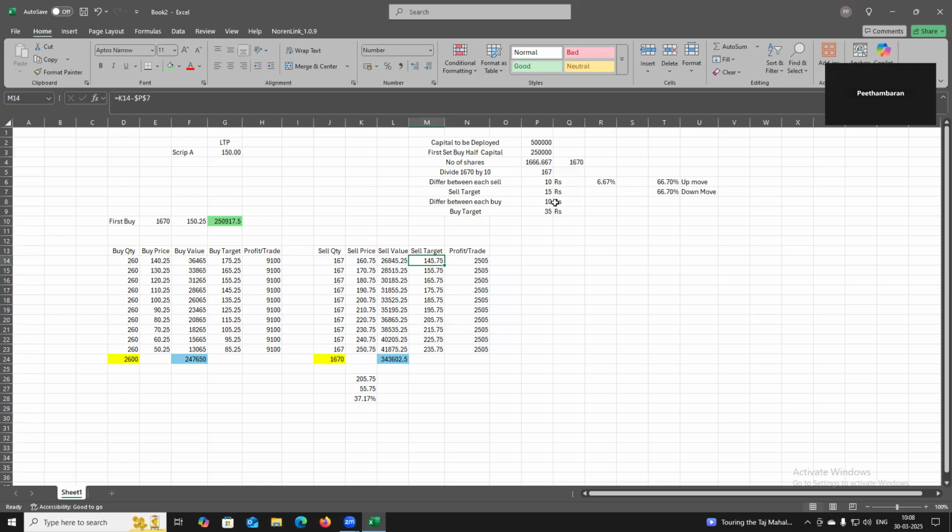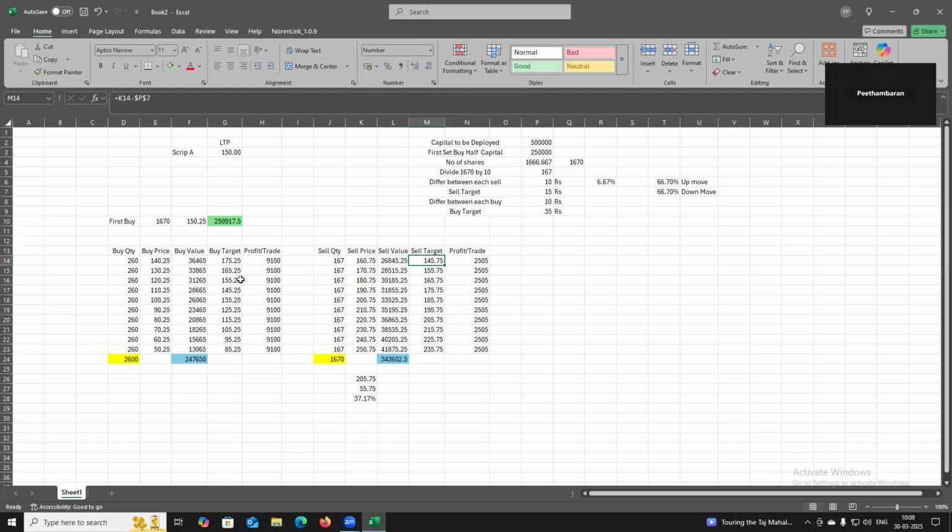The same principle I'm using whenever it falls by 10 rupees, I will buy shares. But since I'm buying at a lower price, the quantity that I can buy with the same capital is more. Here I bought 167 shares, but if the market falls, I can buy 260 shares. The principle is the same that I am buying at every 10 rupees fall and I am booking my profit at every 35 rupees rise.